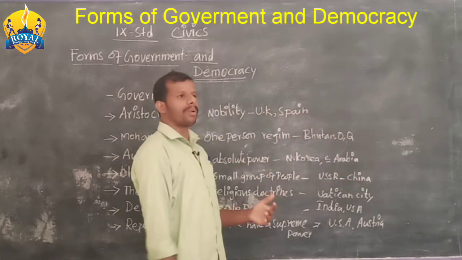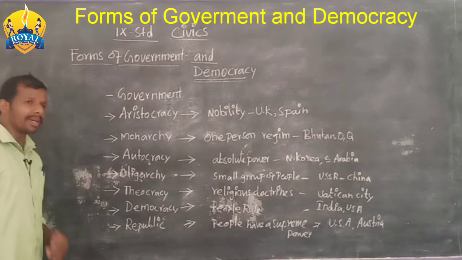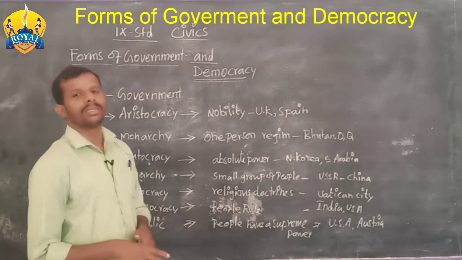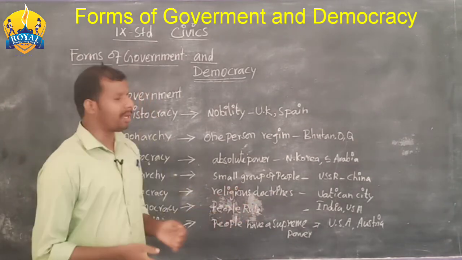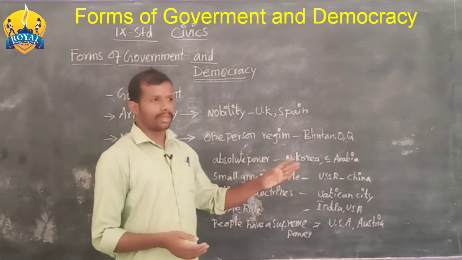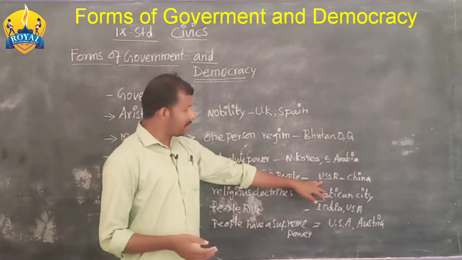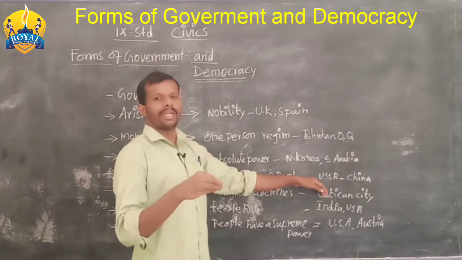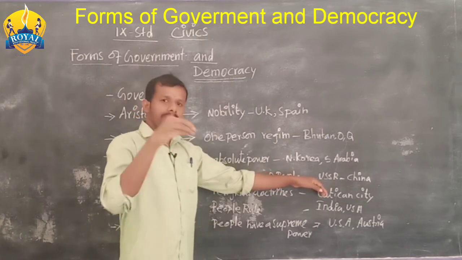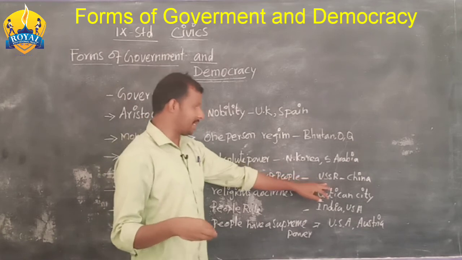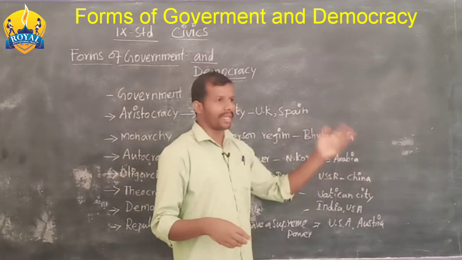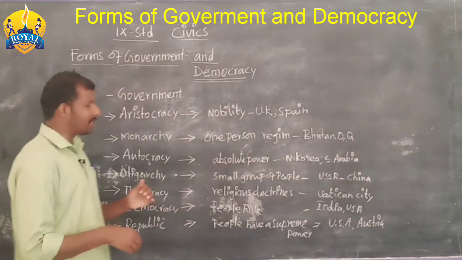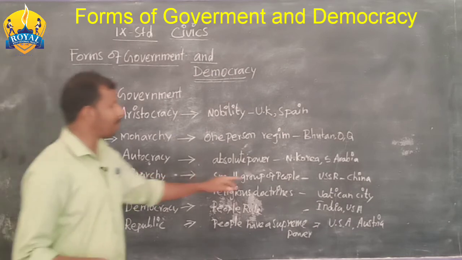That is an example of oligarchy, but it broke up after 1991. Russia has now declared they are the first country to test a Covid vaccine. Okay, next, China. China is also an example of the oligarchy form of government.